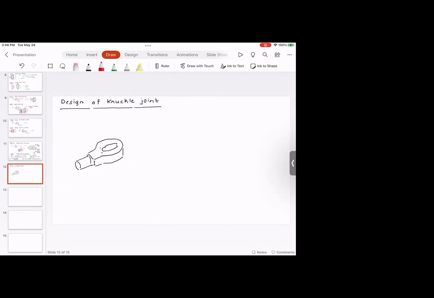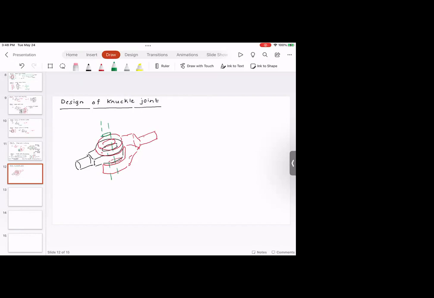Then here, and what you have is this pin that goes through this knuckle.